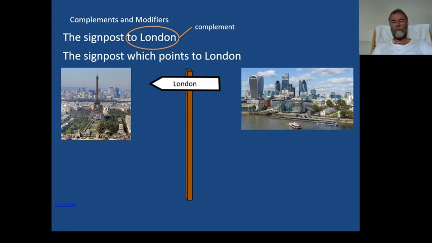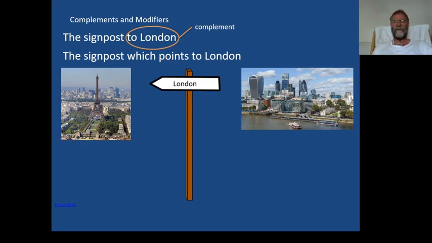Okay, if you're a signpost and you're not to anywhere, then, well, you're not really a signpost at all. You're just a plaque on a piece of wood, on a pole. That's not a signpost. The signpost has to be to somewhere in order to be a signpost. So that to London there is naming an essential part of the meaning of the noun. And that's essentially what a complement is.